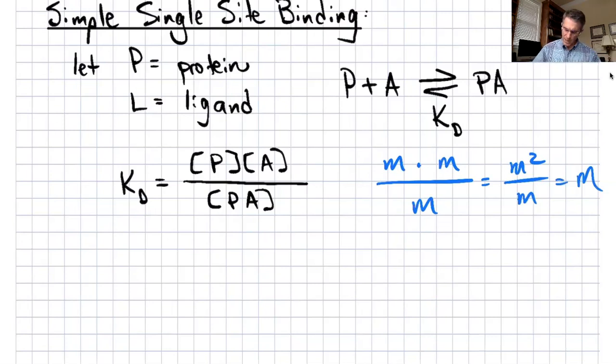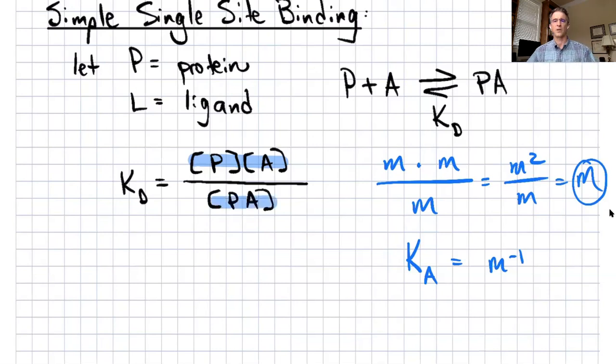If you flip it around and use the association constant, which is sometimes given a K large A, the units would be molar to the -1. Would you rather think in molar or inverse molar? It's harder to think in inverse molar. What exactly does that mean? But if you think about the dissociation constant in units of molar, as this KD number gets smaller, that has to mean the concentration of the reactants is getting lower and lower relative to the concentration of the product.